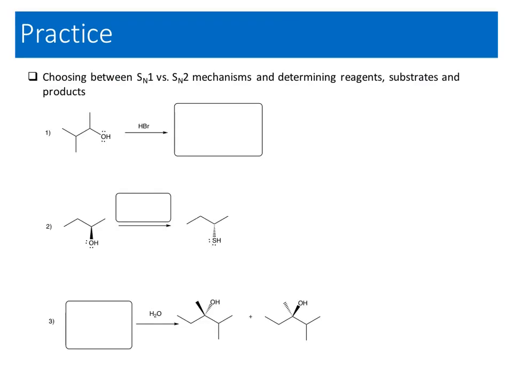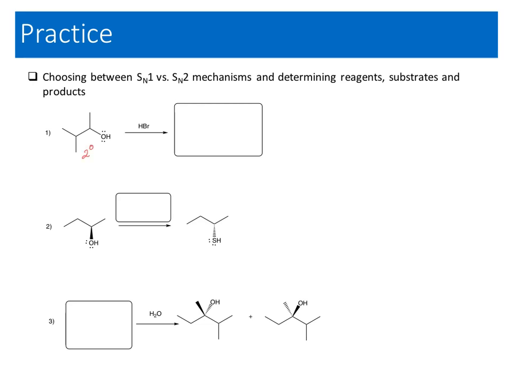Now let's look at these reactions and decide what substrate or reagents or products you need for each of them. These are the type of questions that you should expect to see in the exam. So let's look at the first example. In the first example, we have an alcohol. It's a secondary alcohol.